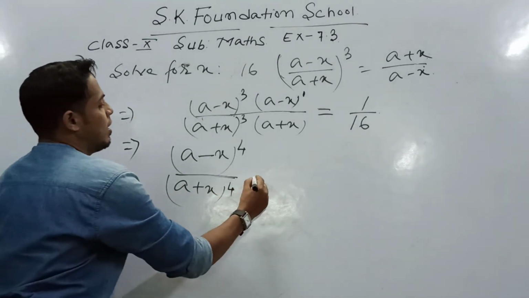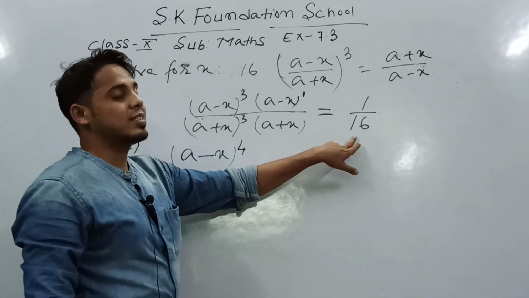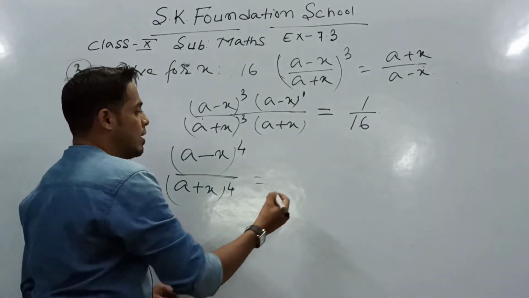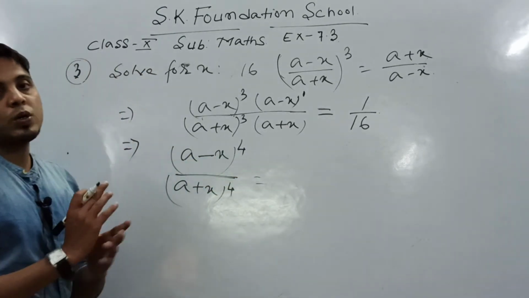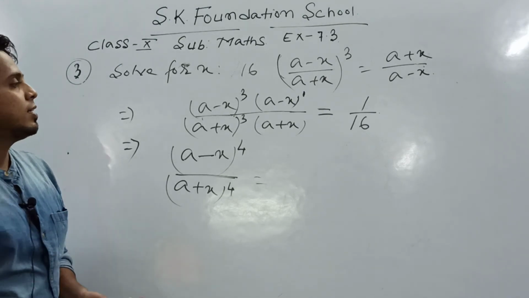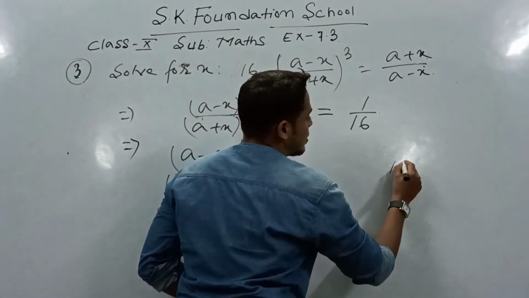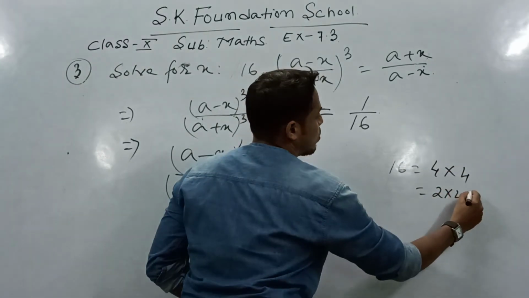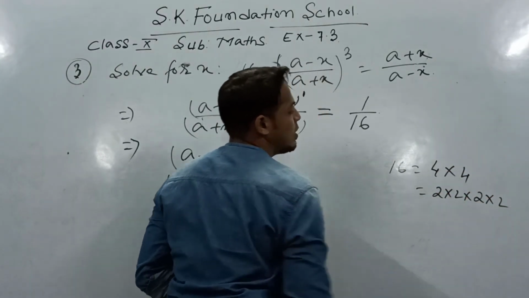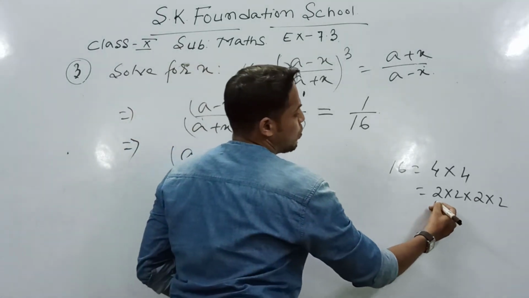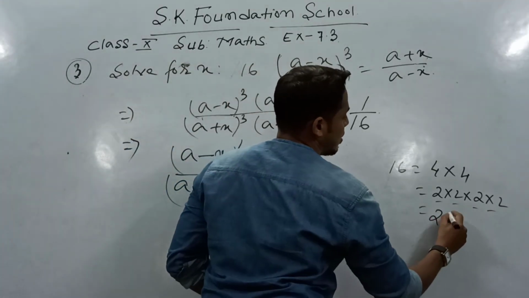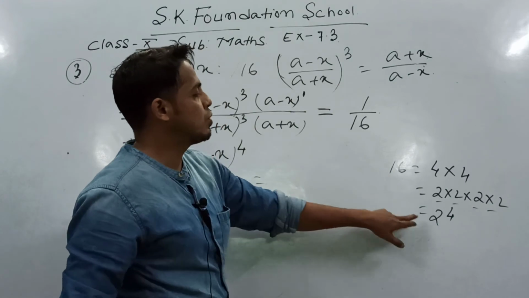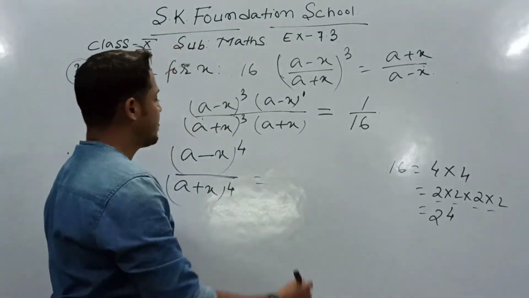Okay, and 16 we are going to represent as square of 4, or we can say 2 to the power 4. 16 means 4 into 4 or 2 into 2 into 2 into 2, right? That means the number of 2s is 1, 2, 3, 4. That means we can write 16 as 2 to the power 4.